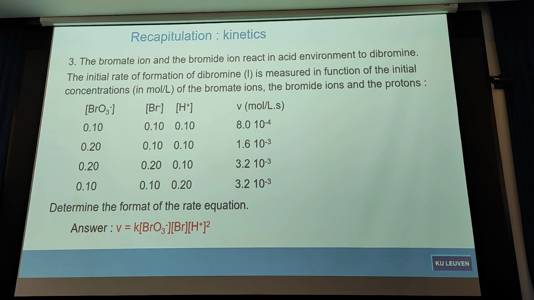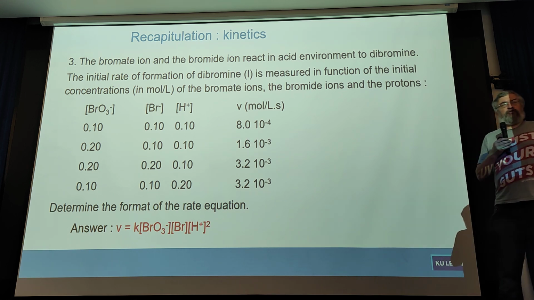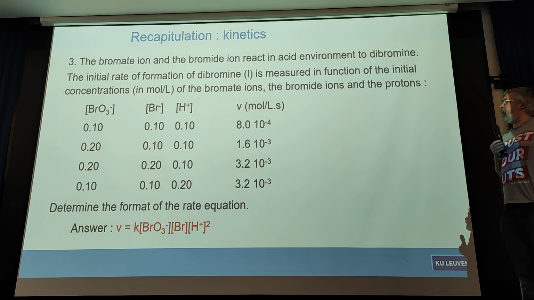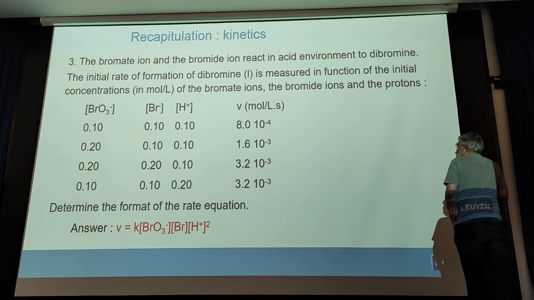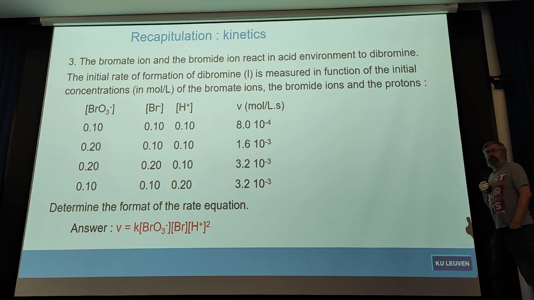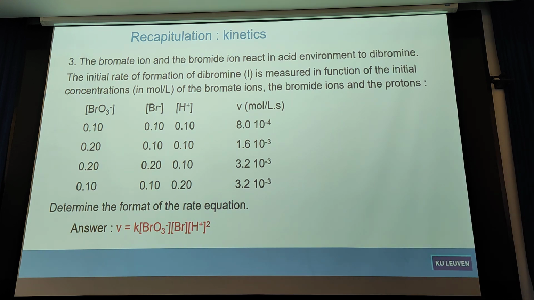But this is, I would say, something a little bit less theoretic. This is just a question about the format of the rate equation based on experimental results. And these are the initial rates of the reaction, and the reaction is between bromates, bromide, and acids.